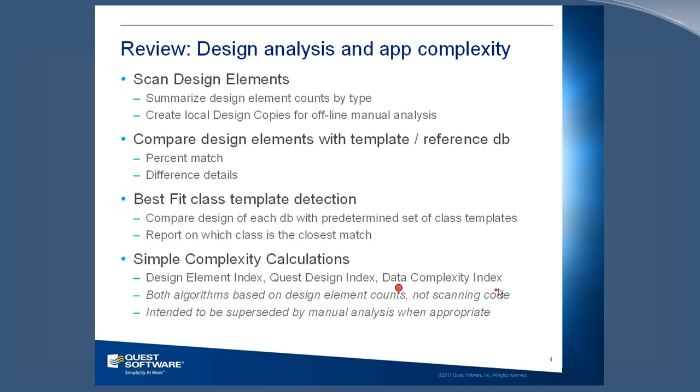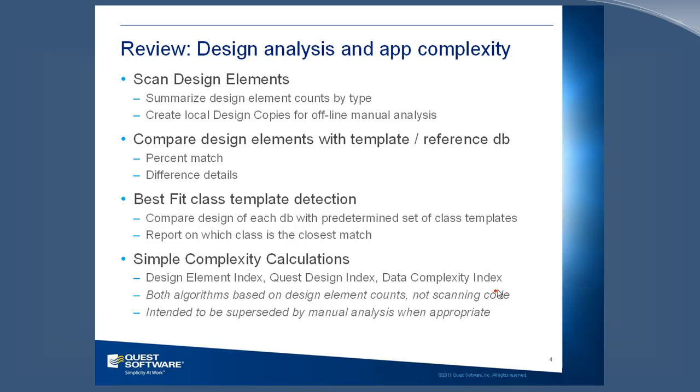We also have a data complexity index, which tells you that this application has fairly simple data, while this application has more complex data. By more complex data, I mean it has more rich text, more embedded elements, it might have lots of doc links or digital signatures, or other things that make the data more complex.